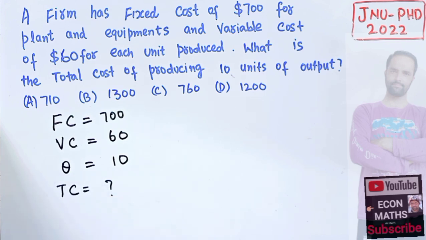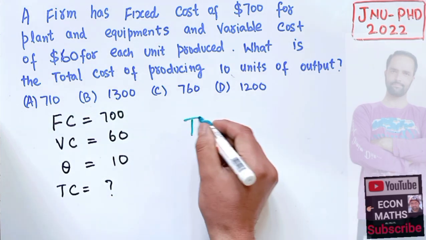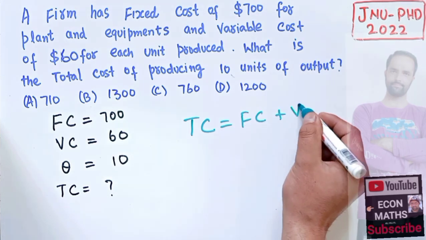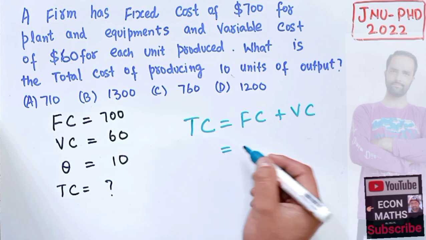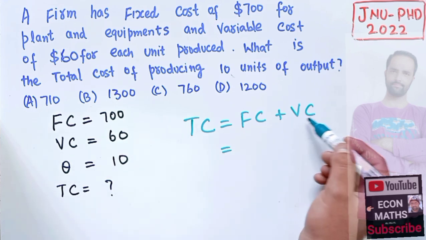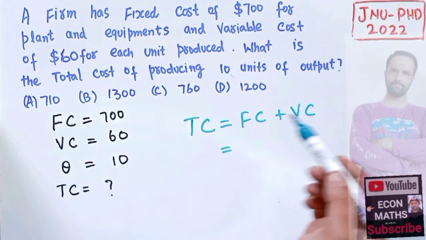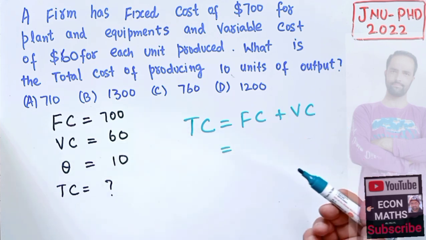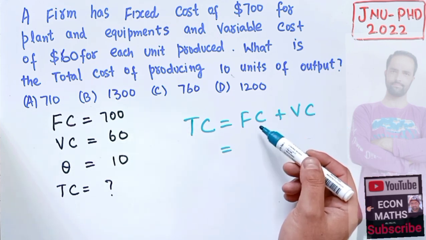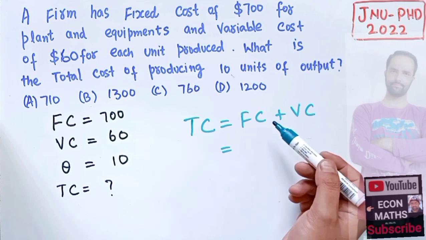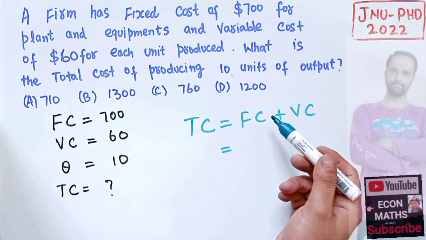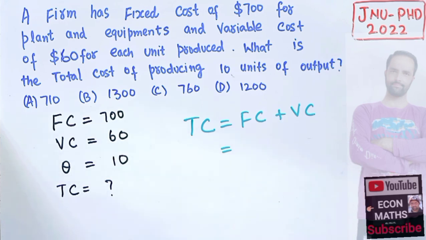Okay, now total cost is simply equal to the fixed cost plus variable cost. So what is variable cost? Variable cost is that very cost which does depend upon the level of output produced, and fixed cost is that very cost which does not depend upon the level of output produced. Okay, so it remains fixed as it is, whether output is 0 or any positive number.